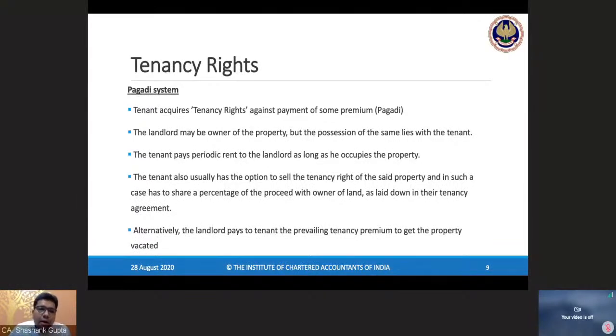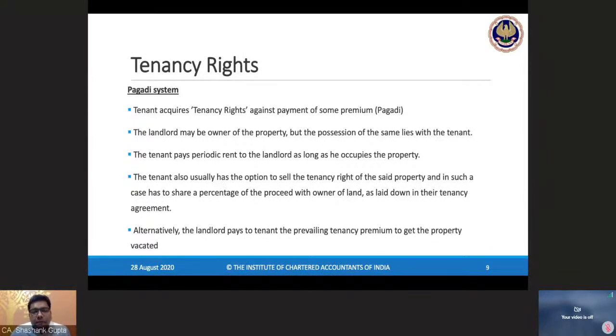Suppose I own a property. For any reason, I require a good amount of funds, but I don't want to sell my property. What I will do is, I will identify someone, charge a handsome amount of money from him, and give that property to him on the Pagadi system.